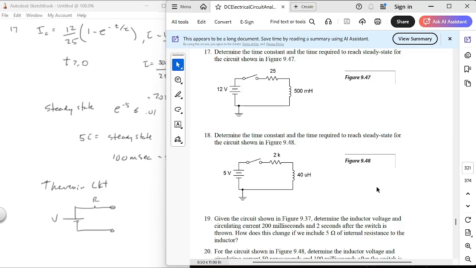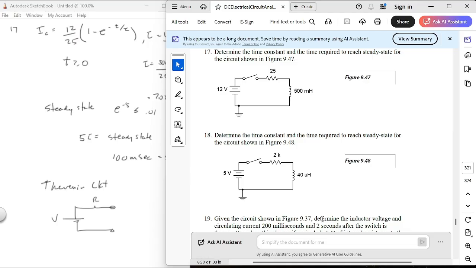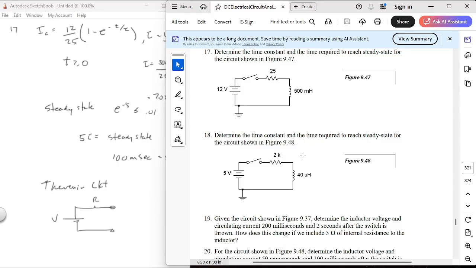This is the part I really want to get at. In number 19, determine the inductor voltage and current 200 milliseconds and then 2 seconds after the switch is thrown.